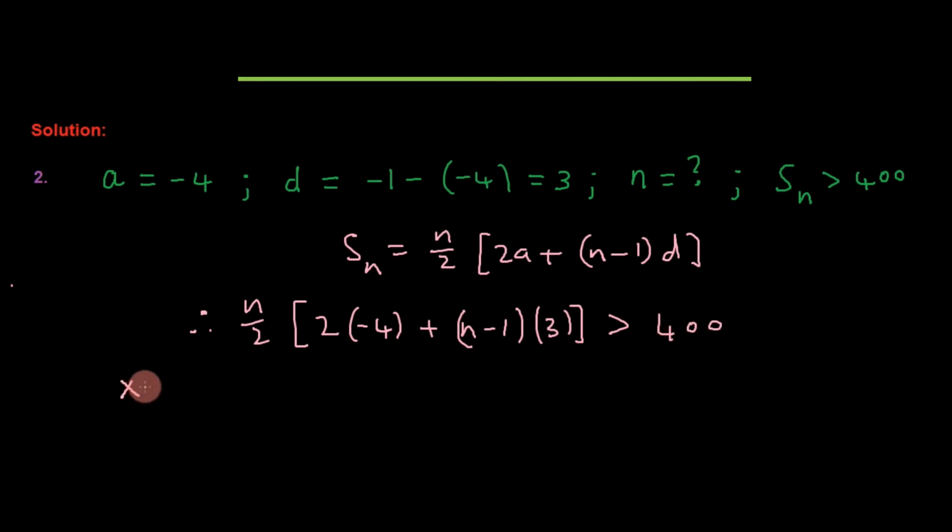We can multiply by 2 on both sides to get rid of the fraction here. And we can also simplify inside the square brackets. Multiplying the right hand side also by 2, we get 800.